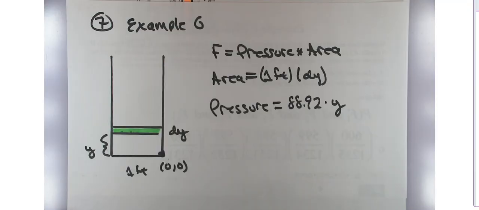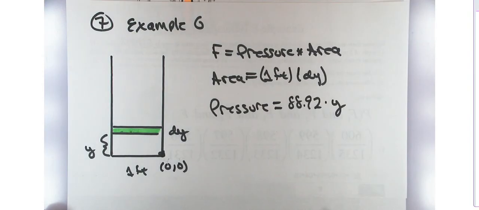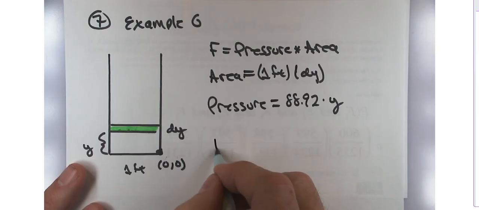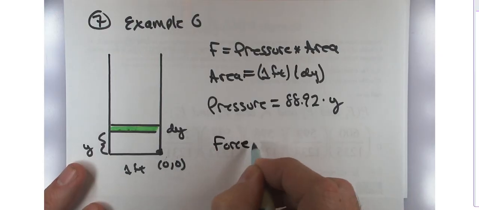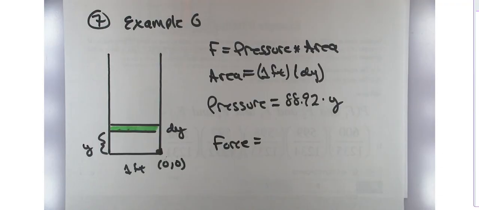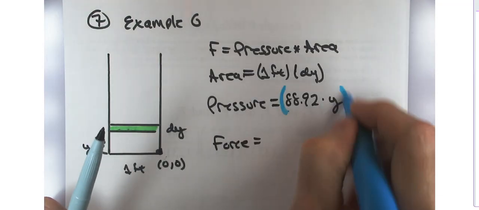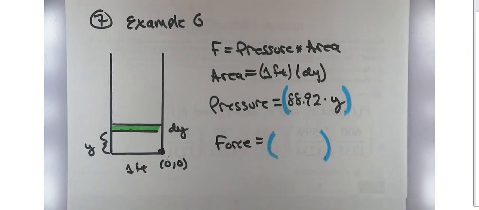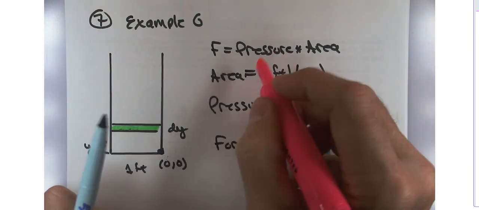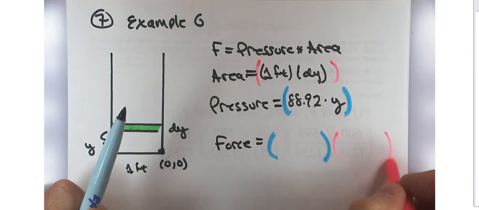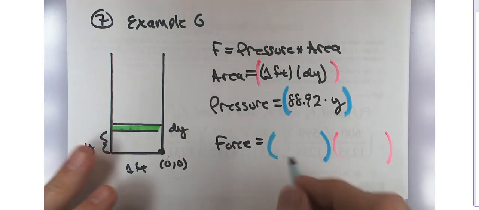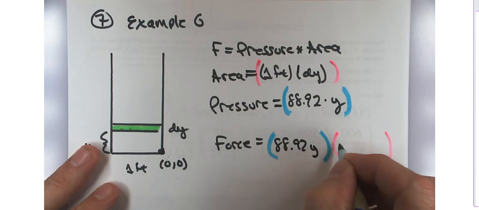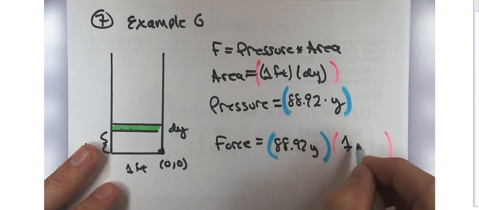Let's put these two together to find the force on this one plate. Force is going to equal the pressure times the area. So it's going to be 88.92 times y times 1 times dy.